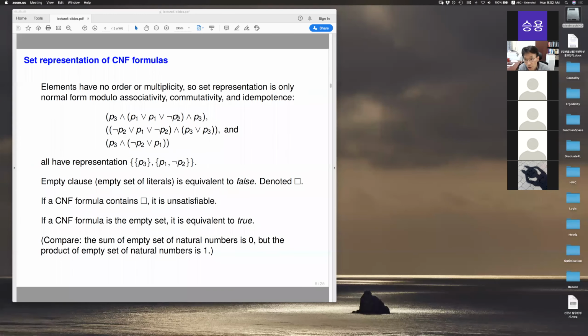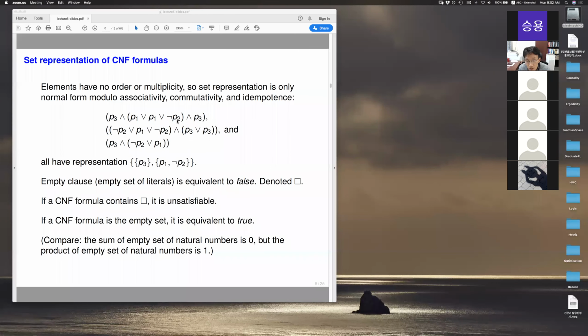Just to give you a quick reminder, the set representation represents a CNF formula as a set of sets, and each clause in the CNF formula becomes a set. Like P3 becomes a singleton set P3, and another clause, P1 or negation of P2, is represented as a set of literals P1 and negation of P2, like the one you see here.